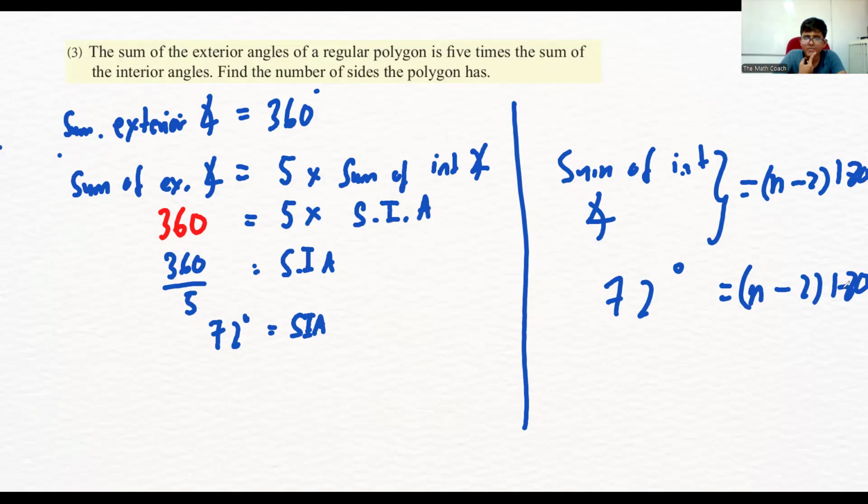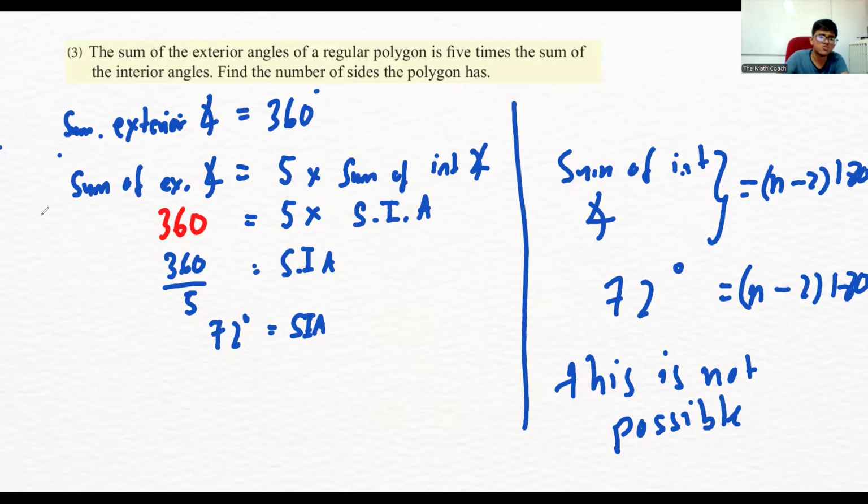The sum of exterior angles is 360, that never changes, and it equals 5 times the sum of the interior angles. So the sum of interior angles is going to be 72 degrees. Then the sum of interior angles equals n minus 2 times 180, and we get a fraction. So this polygon is not possible here. This is not possible.